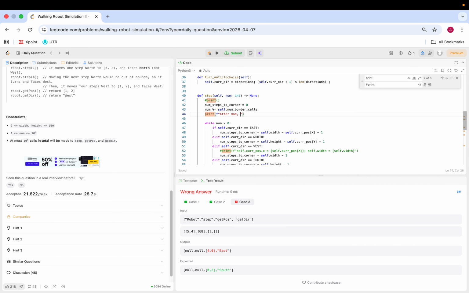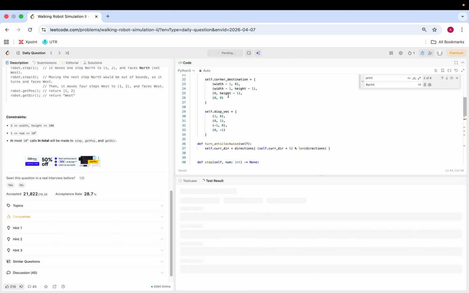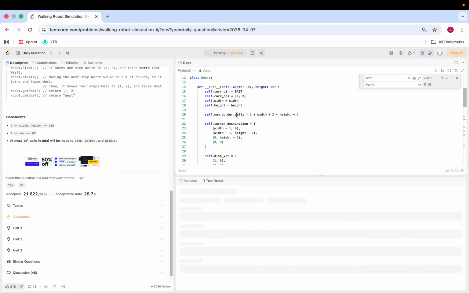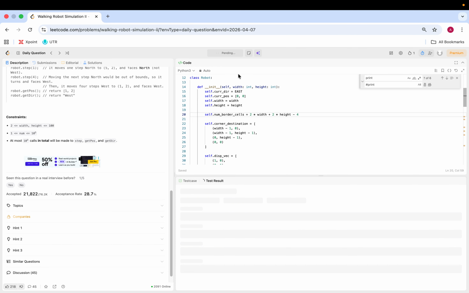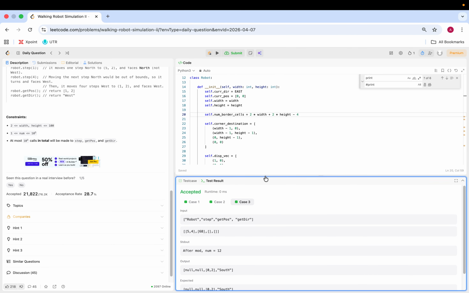After mod, num equals, it should be the same number, right? Did I do the mod thing wrong, or the calculation wrong? Ah, it's -4, not -2, because it's -2 within the bracket, you have to expand it out.